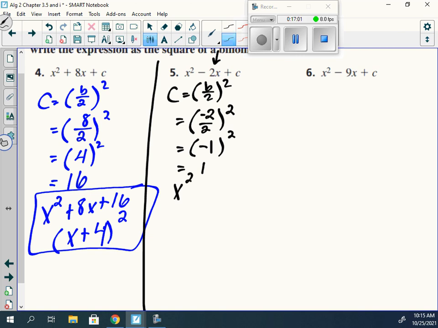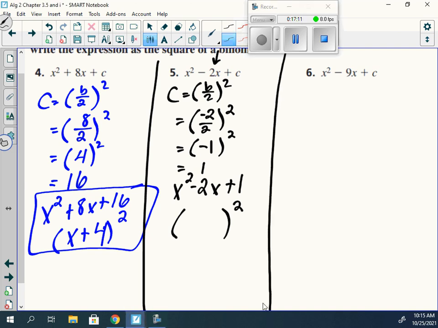So this would be x squared minus 2x plus 1. What would our set of parentheses squared be? X minus 1 squared. And if we went through factoring x squared minus 2x plus 1, we would get the same thing.